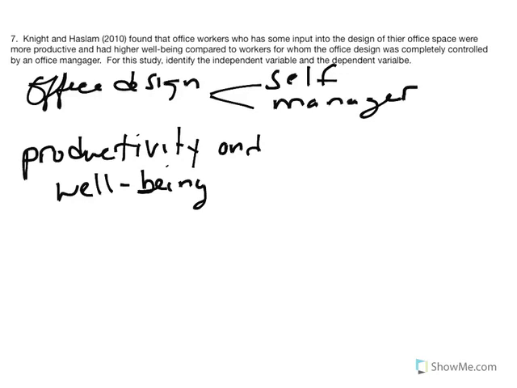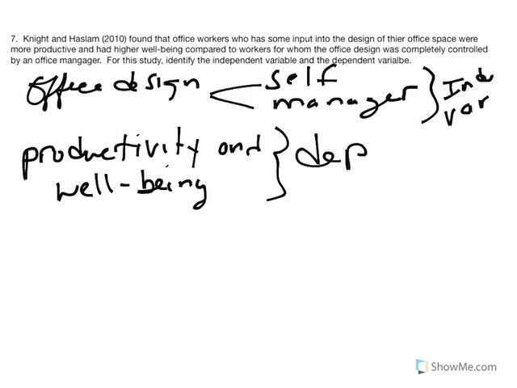Manager. All right, so this is the independent variable. All right, and it has two levels. Either you yourself design your office space versus the manager. And then productivity and well-being would be considered the dependent variable.